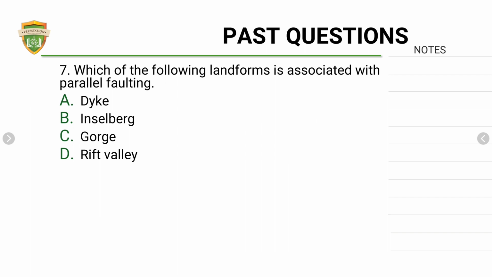Which of the following landforms is associated with parallel faulting? Fault has to do with tiny cracks that will eventually widen up. So we have dike, we have inset bed, we have gorge, we have rift valley.